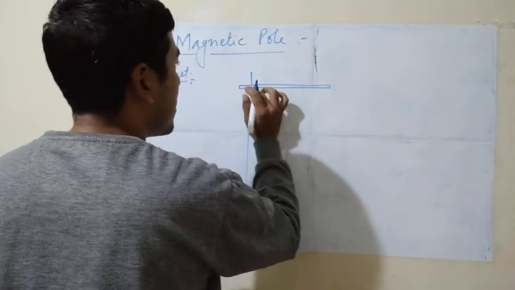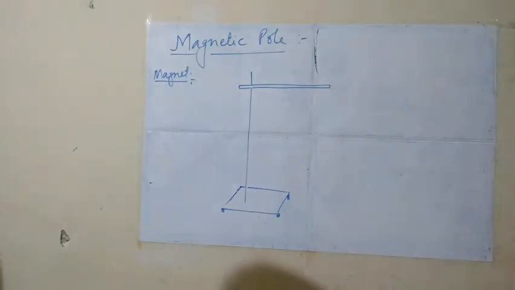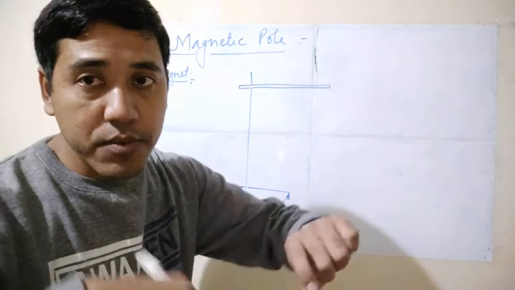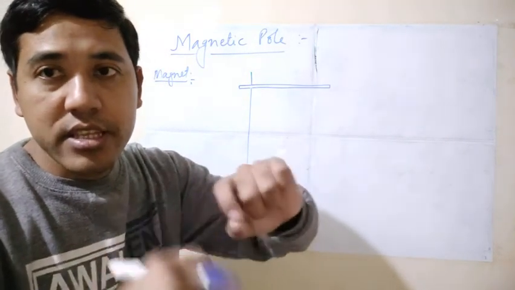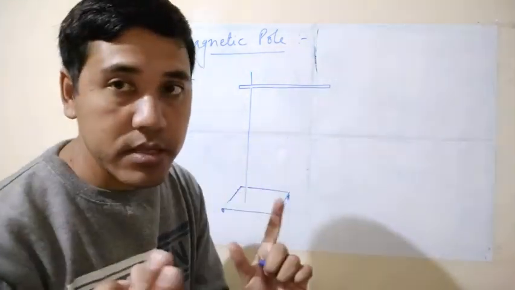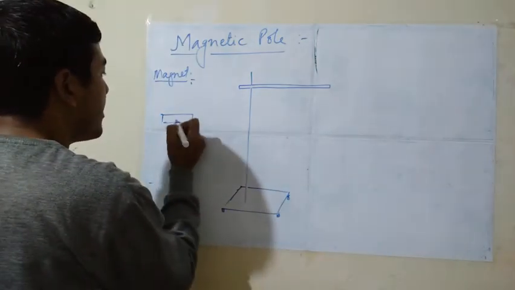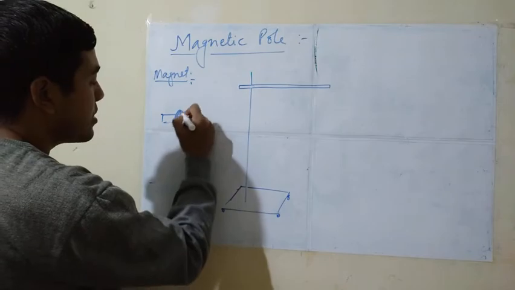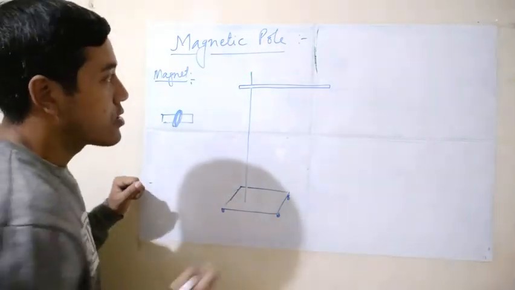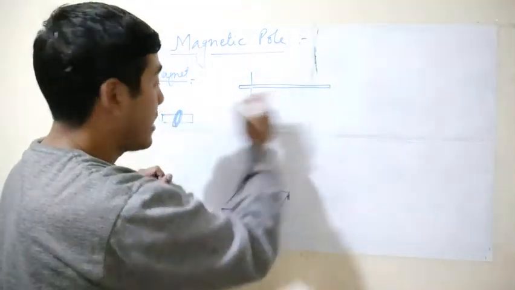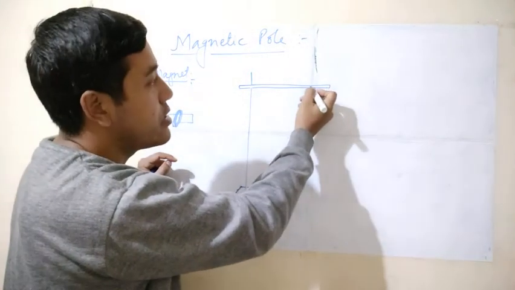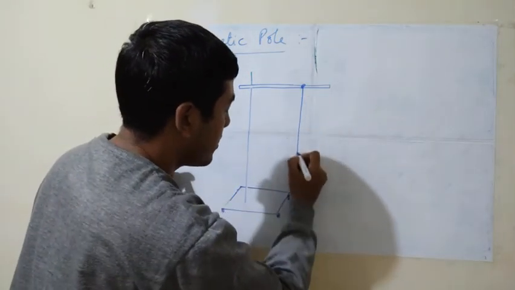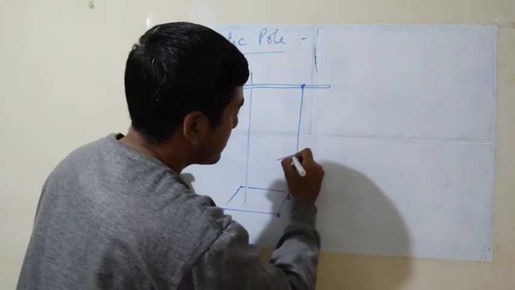You take one thread and bind the magnet. You tie this magnet tightly in the middle. You take this bar magnet and, with the help of the thread, tie the bar magnet in the middle, tightly. Tie this thread in here, along with this bar magnet.